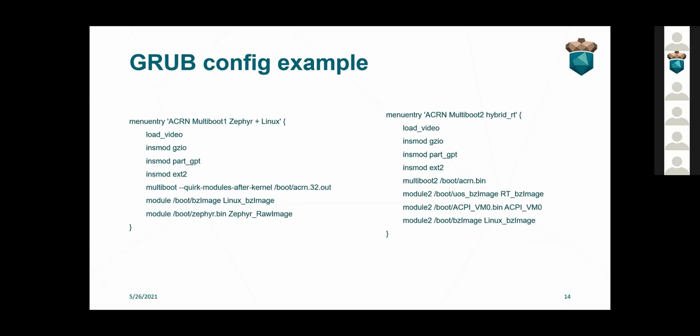If you want to boot ACRN with the Multiboot protocol, you can use the multiboot command to load the hypervisor binary, and use the module command to load the components: the guest kernel, RAM disk, or ACPI.